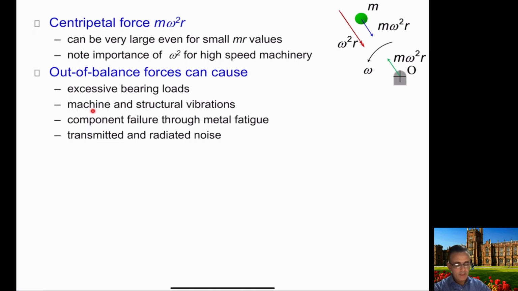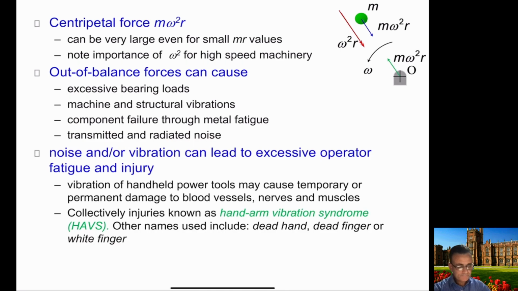In addition to this, it will create machine and structural vibration, and it can also create component failure through metal fatigue, and it will also create and transmit noise. Noise and vibration can lead to excessive operator fatigue and injury. So that's the reason that we want to balance this unbalanced system.